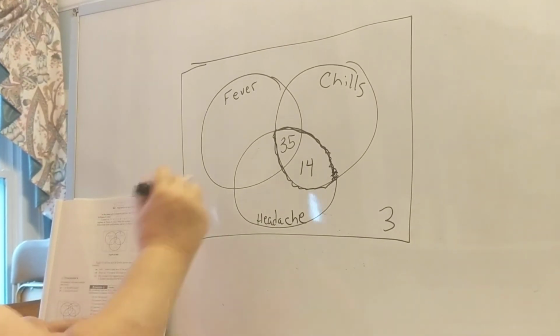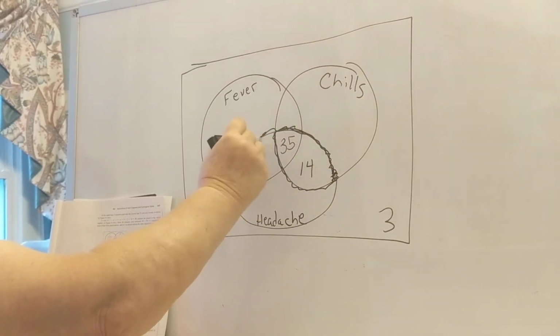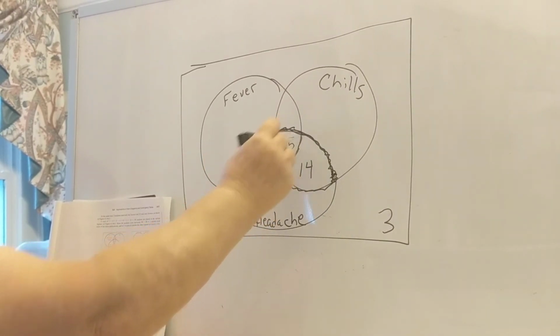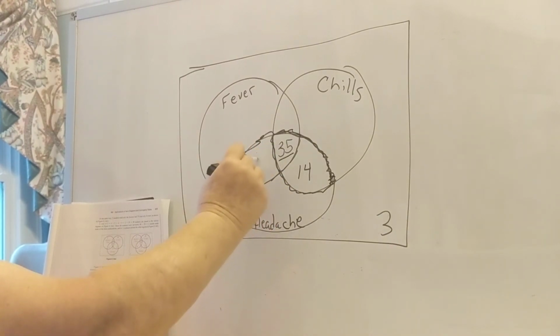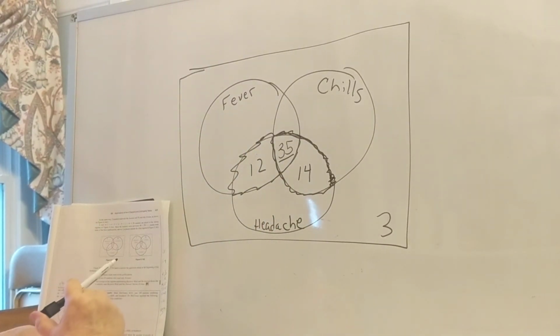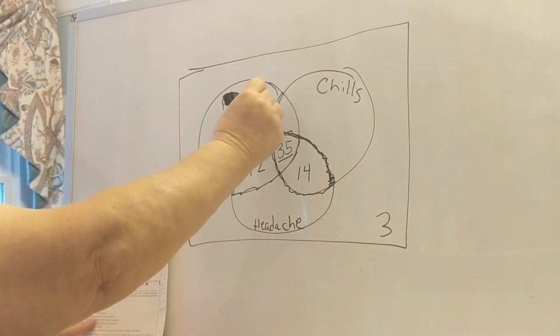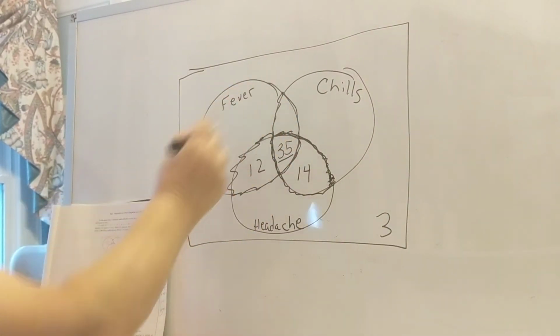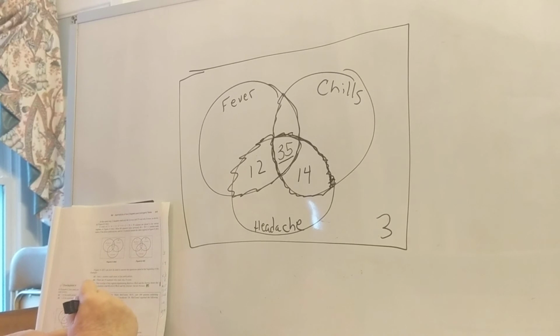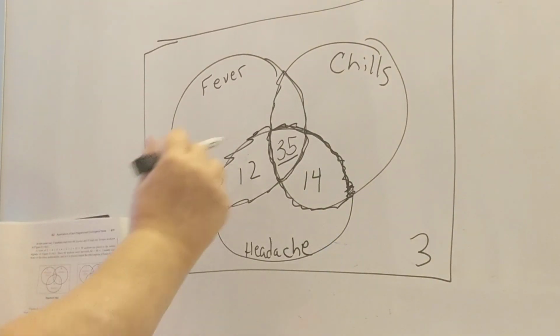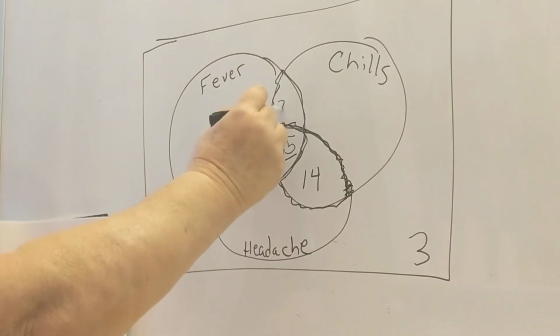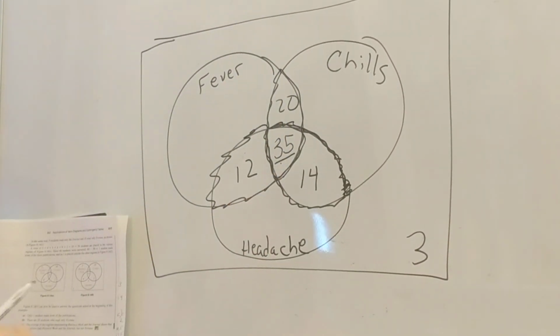This is fever and headache, and that will be here and here. And it's 47, so we've already got 35, we'll need 12 more. And then fever and chills, that's here and here. 55 said they had fever and chills, but they didn't have a headache. We only got 35, so 20 more makes 55.